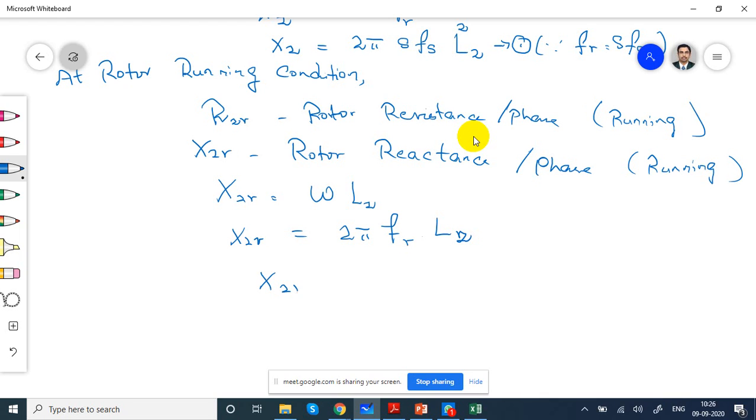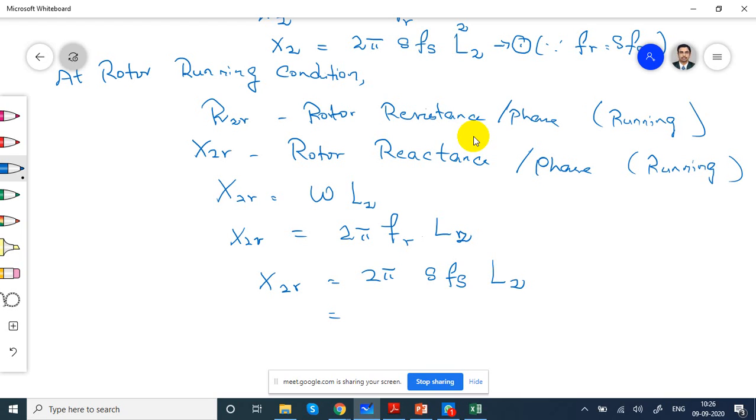Therefore X2R equal to 2 pi S into Fs into L2.